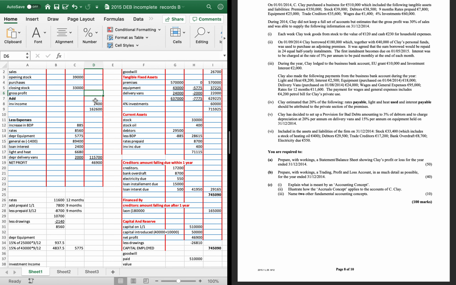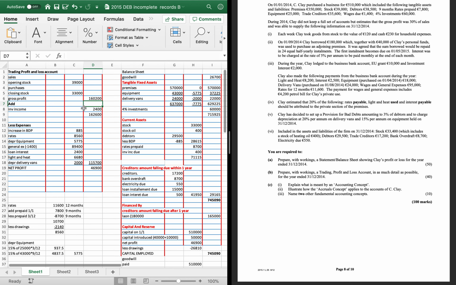Some number plus 2,400 equals 162,600. So obviously just take it away. 160,200 plus 2,400 does equal 162,600. So then that gross profit is 30% of sales. So we're going to take that 160,200, divide by 30 and multiply by 100, and that's 534. And the difference between the two of those is our cost of sales, which is 373,800.